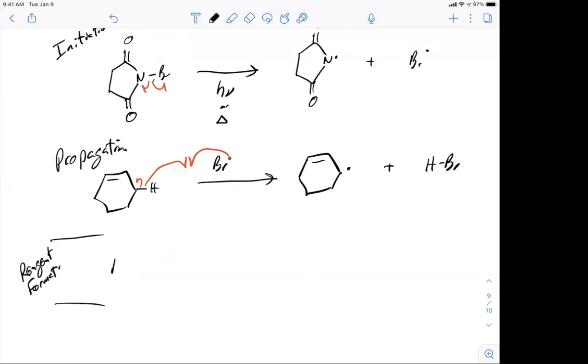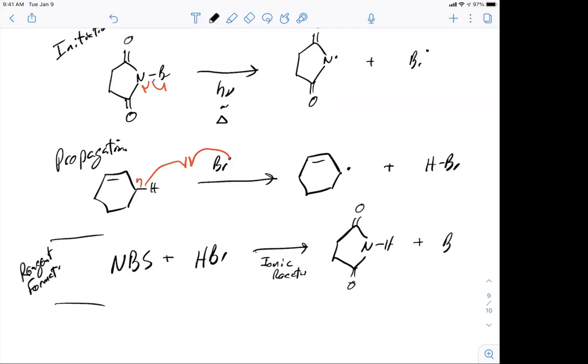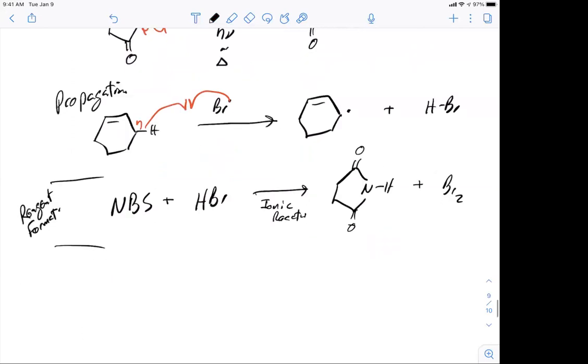which is that if you take NBS and HBr, the HBr that's just been made, I get an ionic reaction, not a radical, but an ionic reaction to create the protonated succinimide, right? This compound plus then Br2. It's the Br2 that then reacts with the radical. So I'm creating the Br2 in situ.